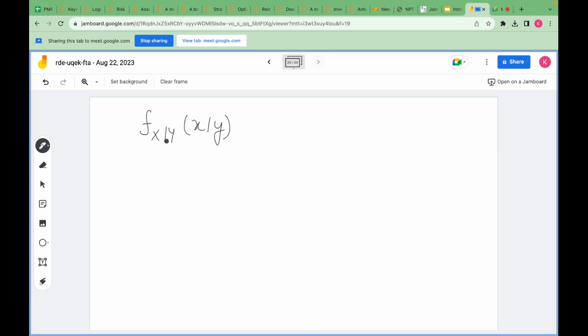Like here, this will be the distribution for a given value of y. Okay, joint probability distribution for a given value of y.